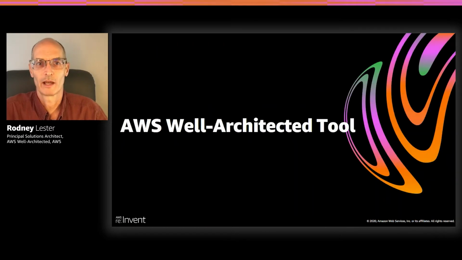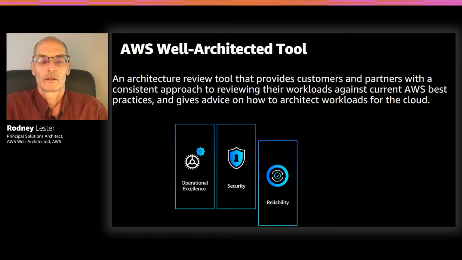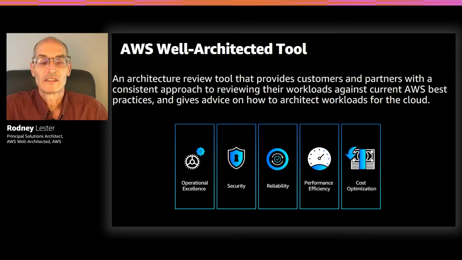So let's talk first about the AWS Well-Architected tool. The AWS Well-Architected tool is a free self-service tool for reviewing your architecture against cloud best practices. It launched in 2018, but the AWS Well-Architected framework has actually been around for about 8 years.